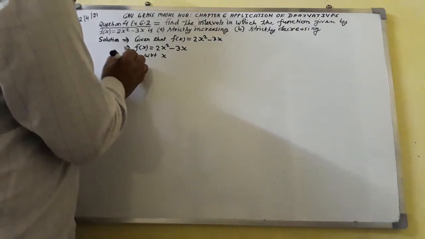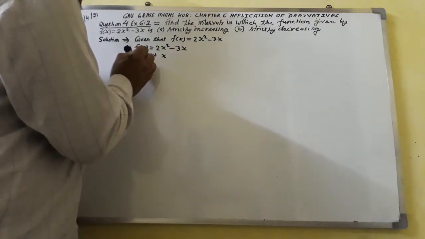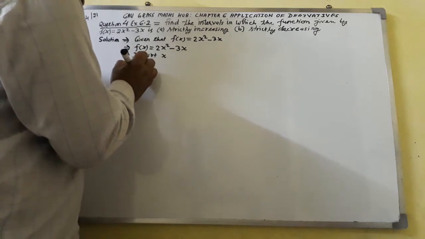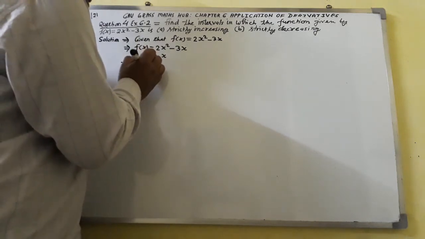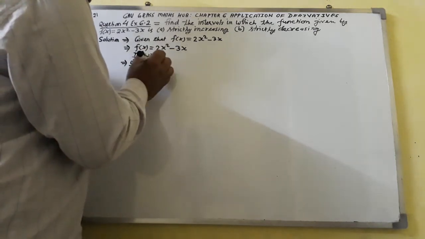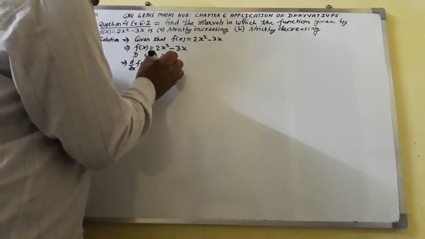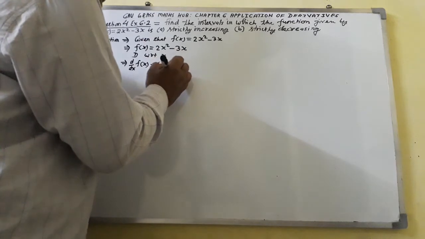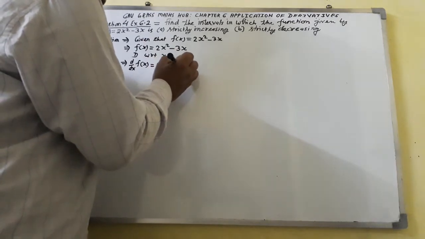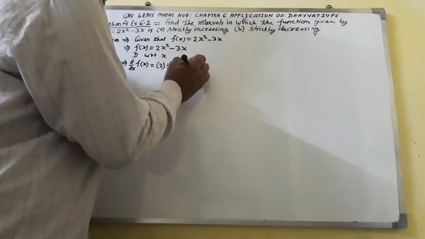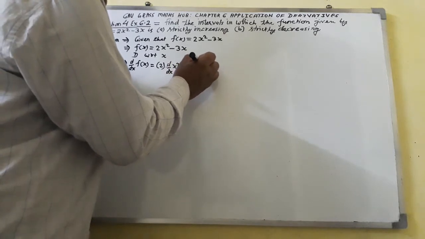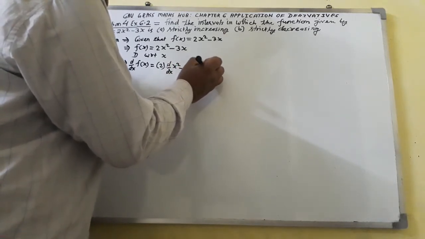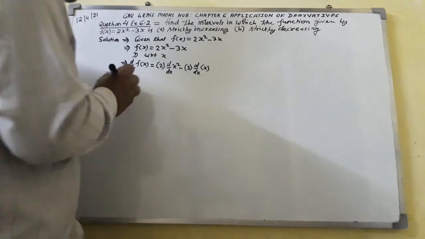So here we shall get d over dx of f of x equal to 2 dot d over dx of x square minus 3 dot d over dx of x.